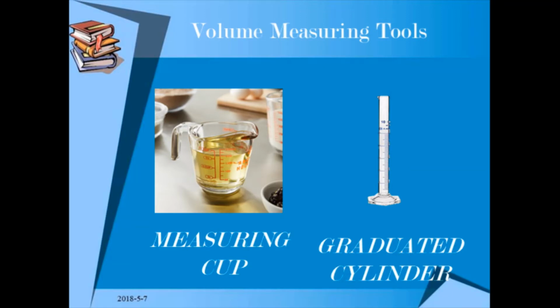Okay. Those are examples of measuring tools that we can use to measure the volume of dry goods and liquid goods. Commonly these are used for goods that we need when we cook.